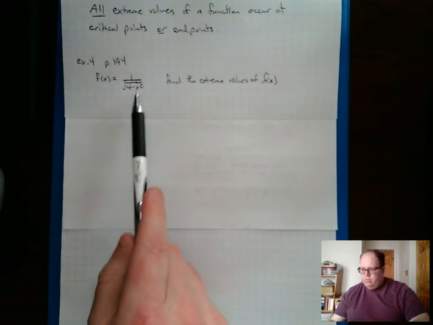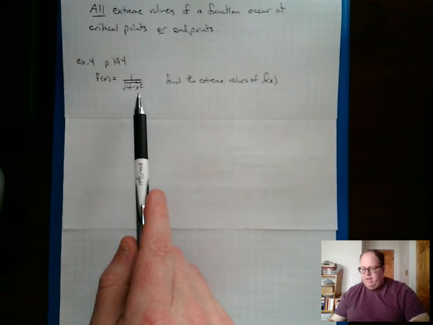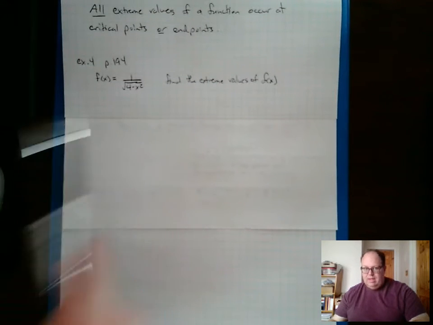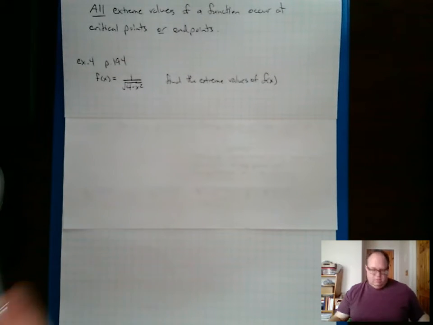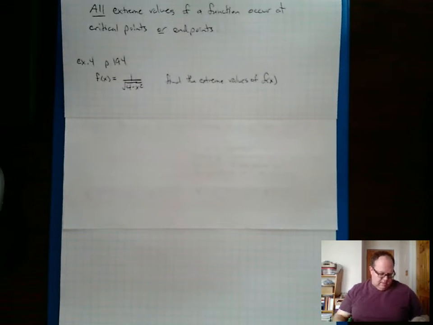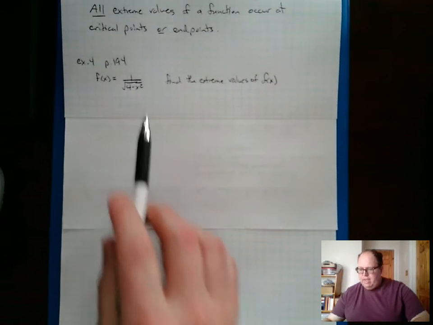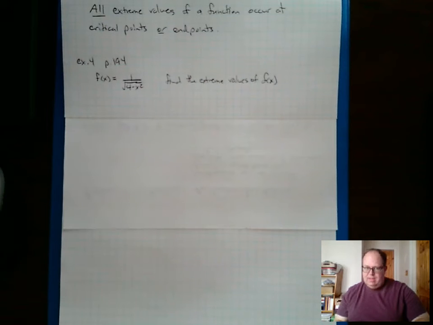Now, one thing you will notice here is my x values cannot be bigger than 2 or less than negative 2. There is a diagram of this function on page 195, but basically x can't be bigger than 2 or less than negative 2, and it can't be equal to 2 or negative 2 either, because then I'd have division by 0.